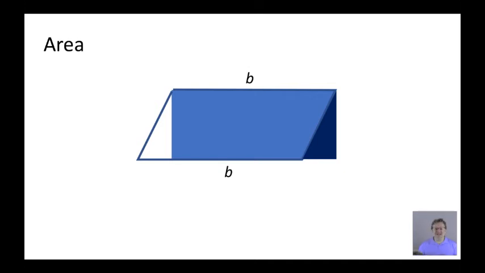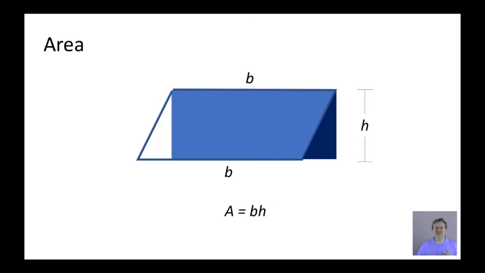So it's the length of that base times, well, a new dimension. It's not really the length of that diagonal side, is it? It's something different. It's the thickness of the parallelogram, which we might also define as the height of the parallelogram. It is the length of the perpendicular distance from one base to the opposite base. So we call that the height, and we say that the area of a parallelogram is simply base times height.